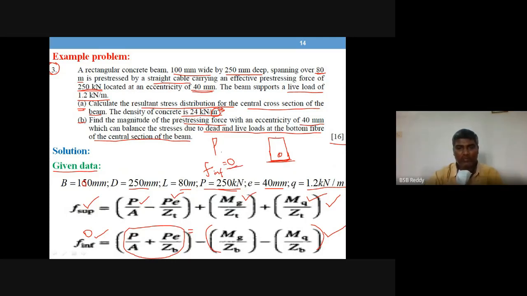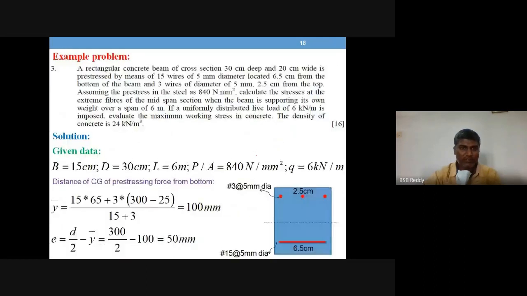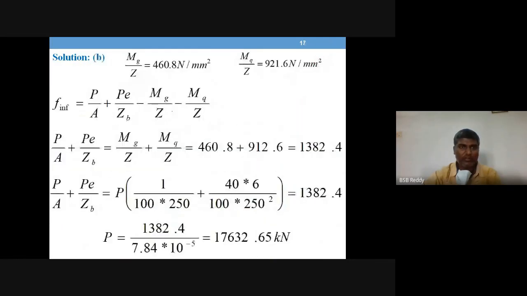The question is to find capital P value which can balance the stress from pre-stress due to stress from dead load and live load. That is the question.